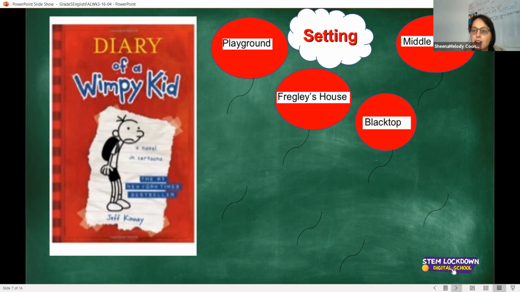Now, is a Blacktop a name of a place? Or is it a name of an object? Who can tell me about Blacktop? Is it a place? Basketball court? What place is it?